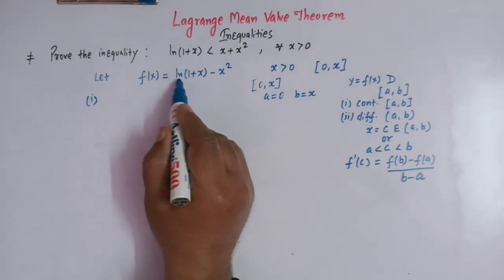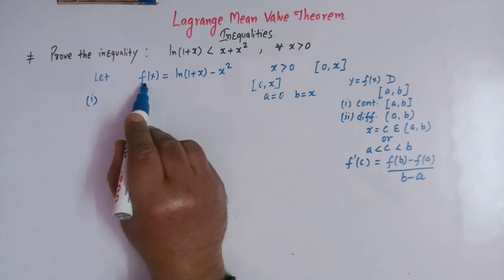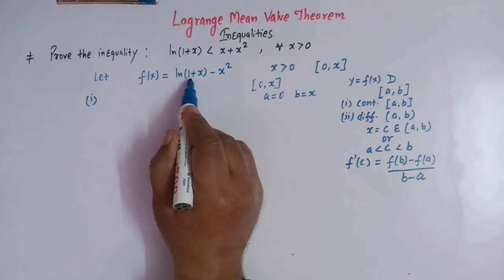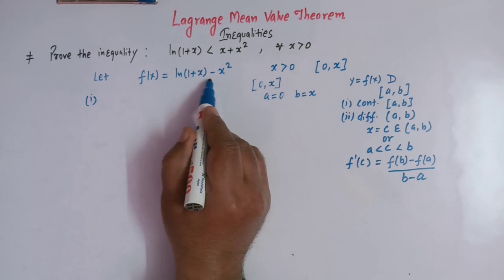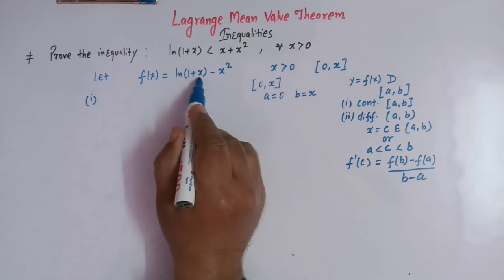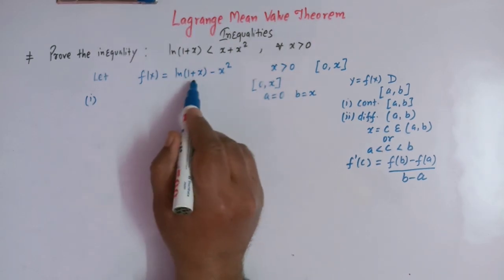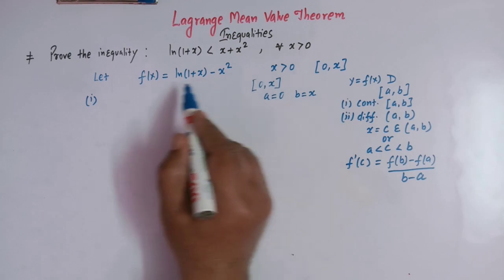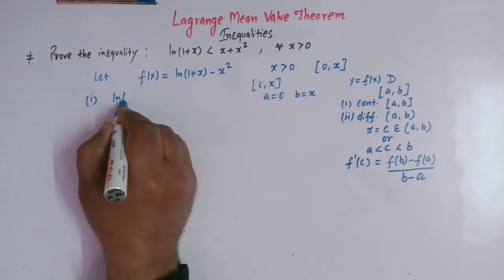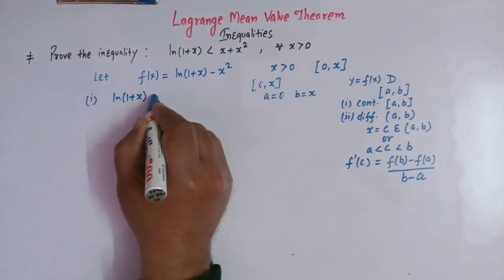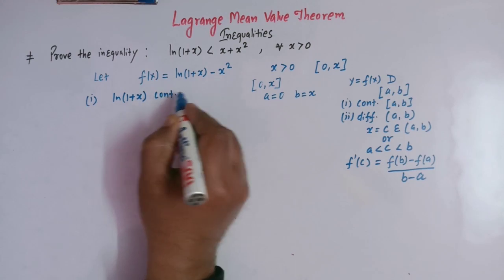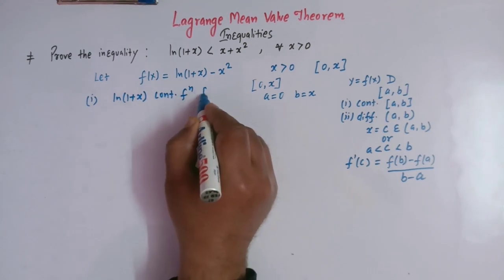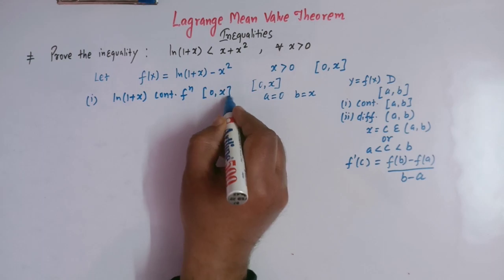Now see, here f of x is a combination of two continuous functions, right? So log of 1 plus x is obviously a continuous function in its domain where x is greater than 0. So log of 1 plus x must be a continuous function in the interval 0 comma x, right?